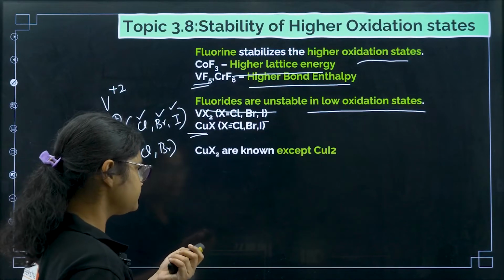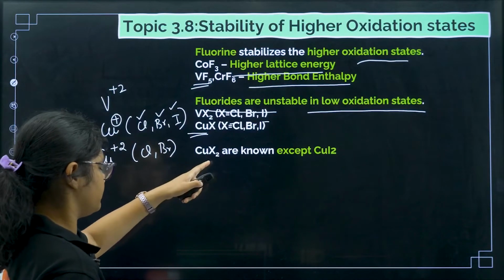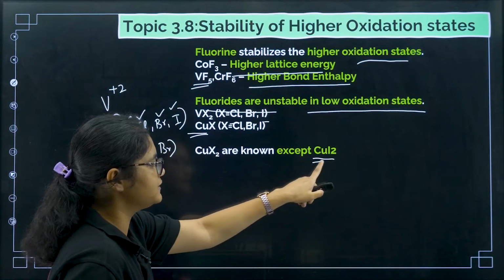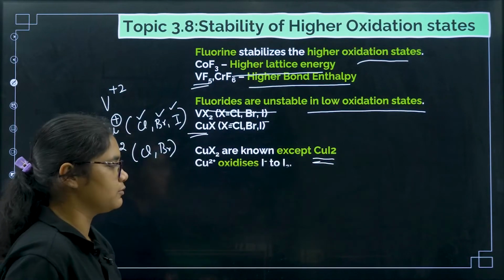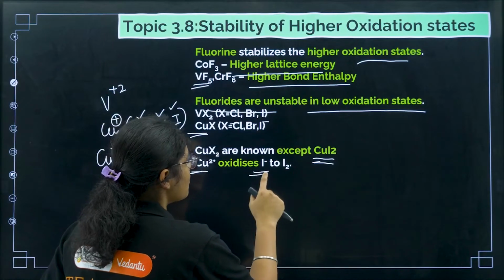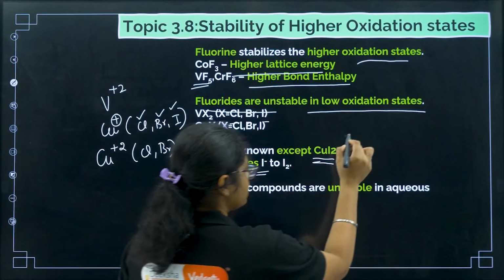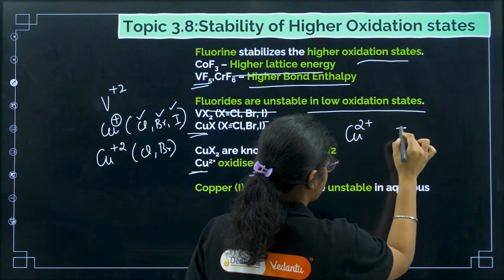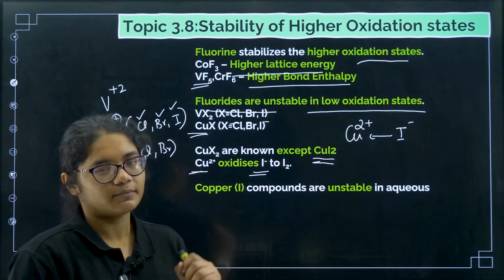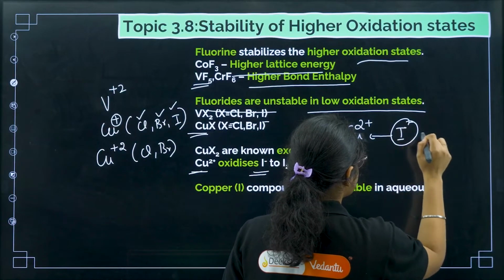Because Cu2+ doesn't form a bond with iodine, we cannot find CuI2. CuI2 is never formed. What is the reason for that? Cu2+ is very clever and oxidizes I- to I2. Copper 2+ was there, I- came to bond with copper, but Cu2+ oxidizes I- to I2.